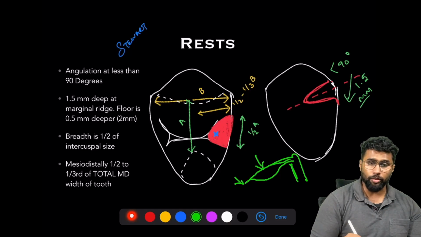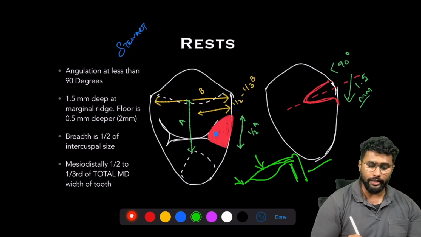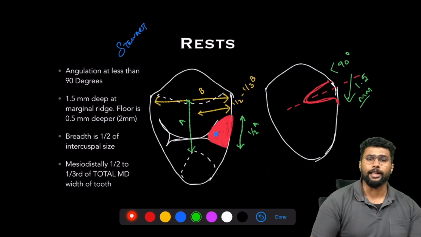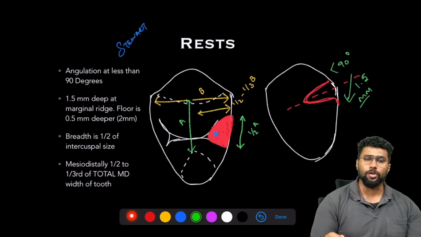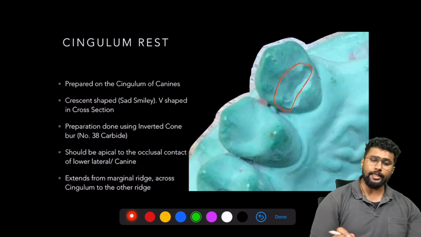The thickest portions would be in the middle, and of course, it continues into the proximal plate at this portion. This is what the cross section or cut section of an occlusal rest would look like. And these are the critical dimensions that you have to follow when you're contouring an occlusal rest and its respective rest seat.